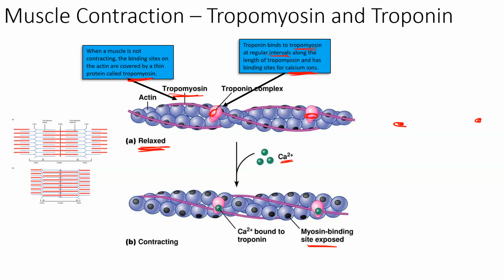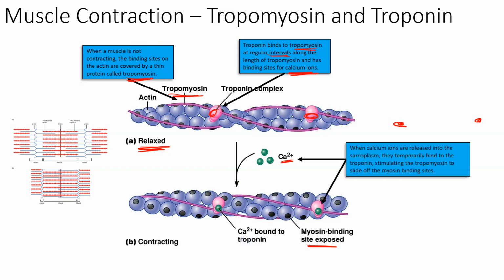When the sarcoplasmic reticulum releases those calcium ions, meaning we want to stimulate a muscle contraction, those calcium ions are going to bind to the troponin. When they bind to the troponin, it causes the tropomyosin to slide off of those myosin binding sites. That exposes them so that the myosin heads can bind to them.